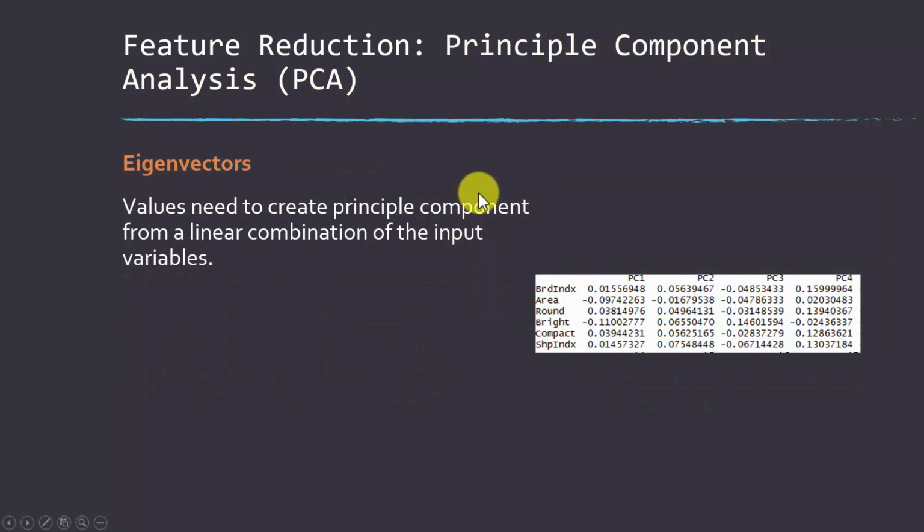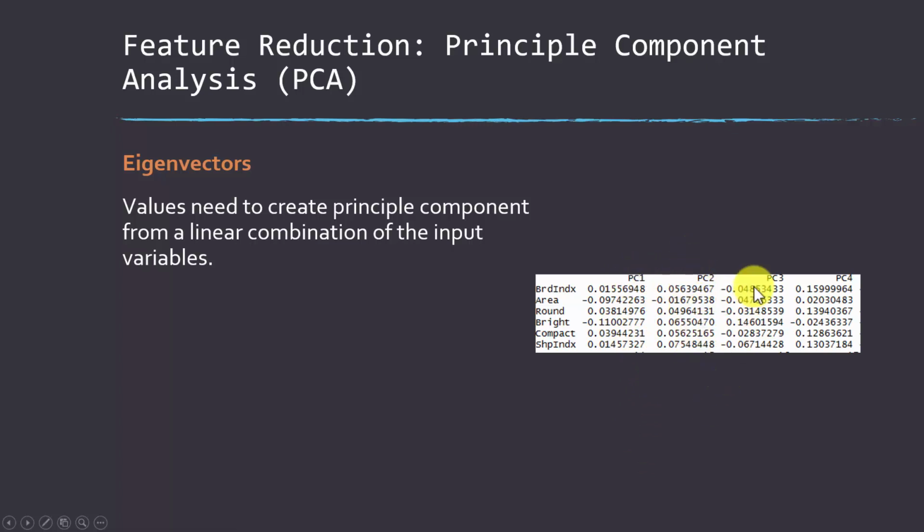Okay, and then what that will produce are eigenvectors. So this is what you have to multiply each input by in order to get that principal component. So for example, this is a set of principal components in the columns, and these are the original data layers. So basically, to get principal component 1, you would take the value in this layer, multiply it by this, add to it this value multiplied by this, and so on and so forth, and then that will eventually sum to the PC1 principal component 1 value.